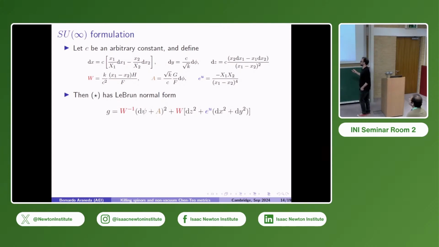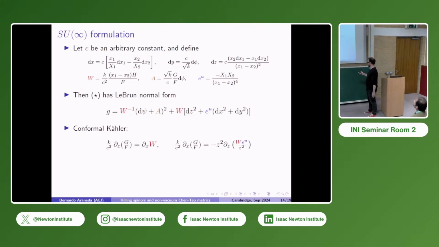It has exactly this form, where W, U, A are all defined in this expression. But this is the same Chen-Teo ansatz. There are no field equations, it's just the ansatz. Then you impose a conformal condition, and you get some mess, some differential relations between the unknowns.